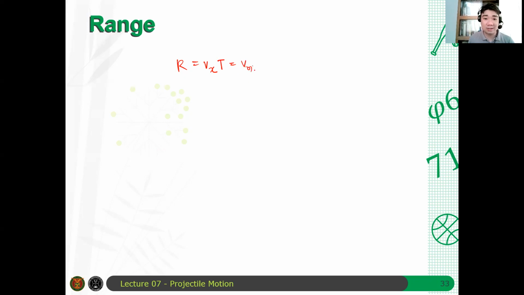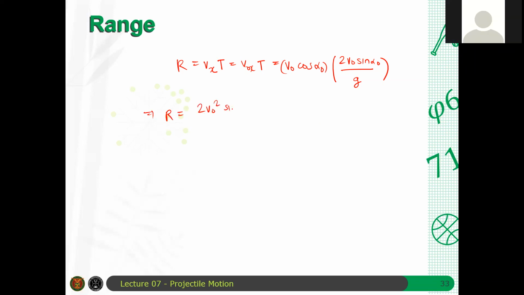This is just v naught x times T, since the initial and final velocities in the x direction are the same. So this is equal to v naught cosine alpha naught multiplied by 2 v naught sine alpha naught all over g. Right? And hence, the range is just 2 v naught squared sine alpha naught cosine alpha naught all over g.